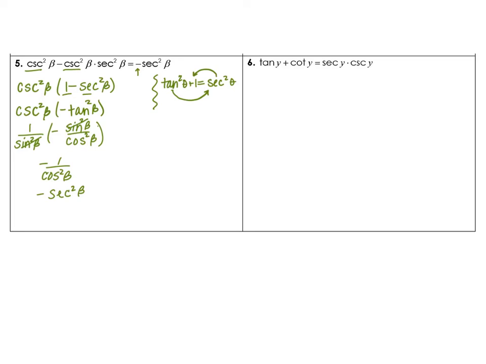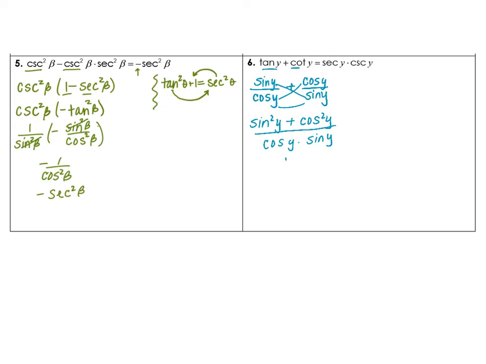It looks like really we probably should work with the left side here and change those over to sine and cosine, and hopefully that'll help us. So tangent y, that's going to be sine of y over cosine y plus, and over here cotangent, that is cosine y over sine y. And we do need to get a common denominator, and so we're going to have sine squared y plus cosine squared y, and that is all over cosine y times sine of y.